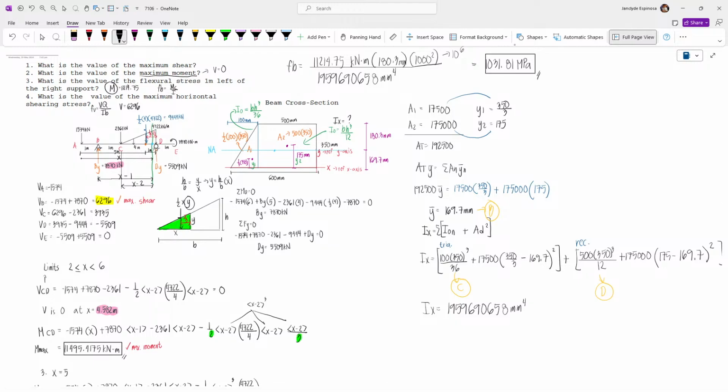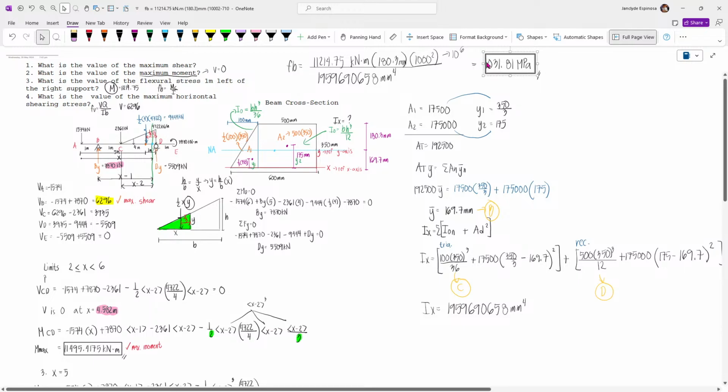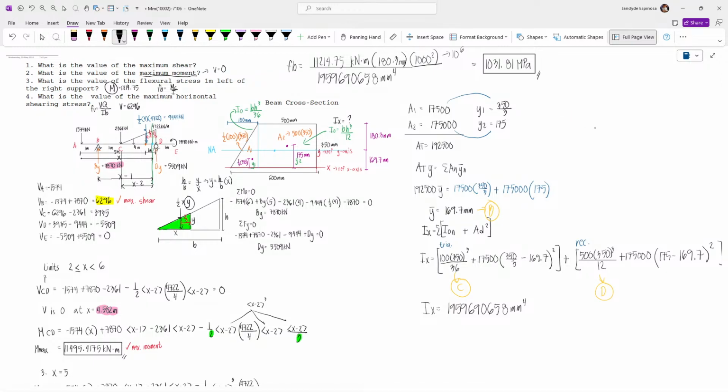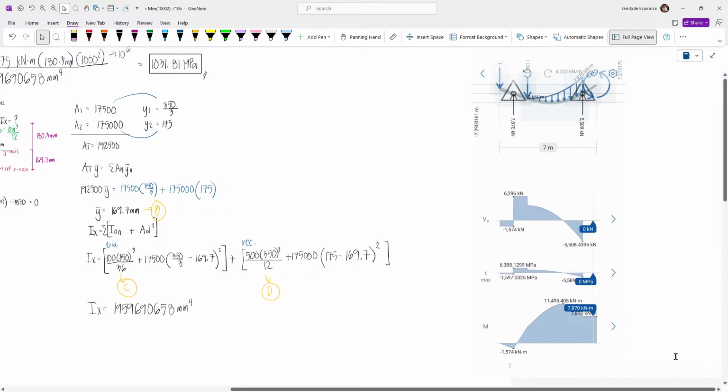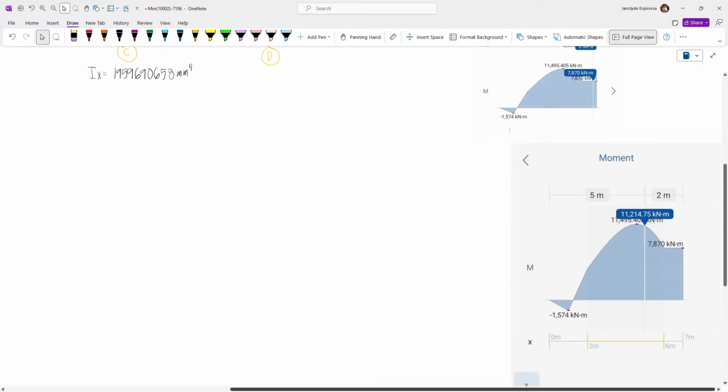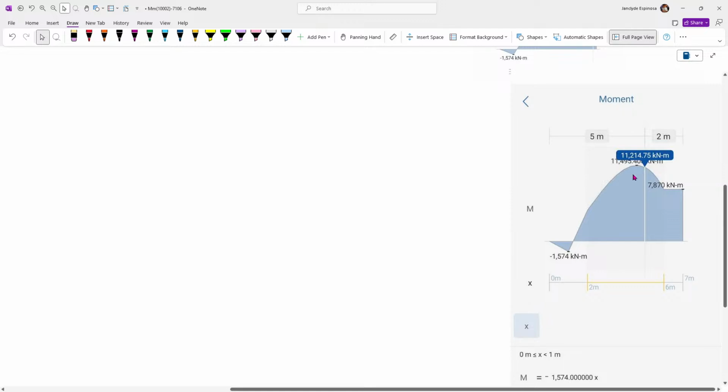Now basig ko, flexural stress wala man gingon ba maximum. So basig ang gipangita ni ang compression side ug ang tension nga side. Again, ang bending sa beam na to positive man ang moment dire nga portion.